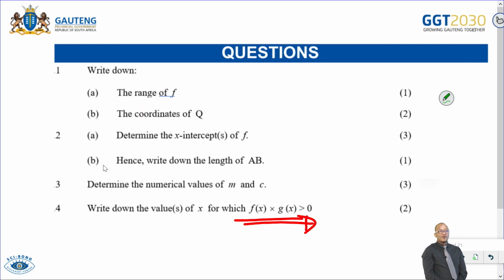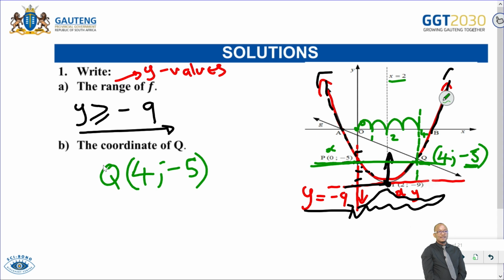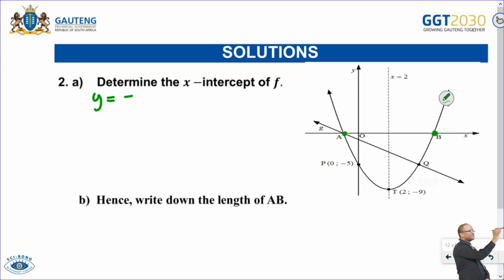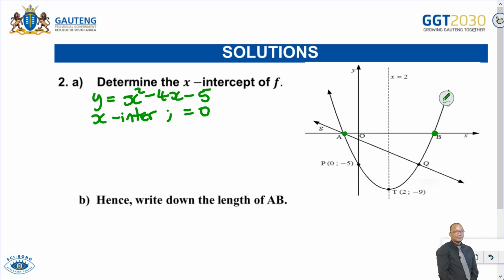So now, how are we going to determine the x-intercept? y is equal to x squared minus 4x minus 5. And when we determine the x-intercept, we know that y has to be 0.